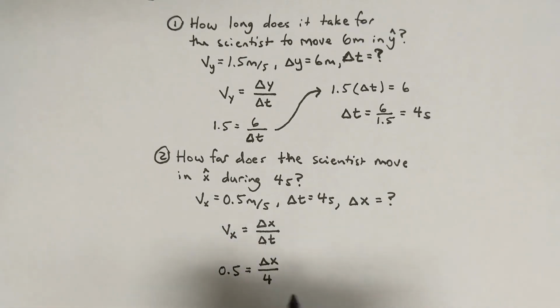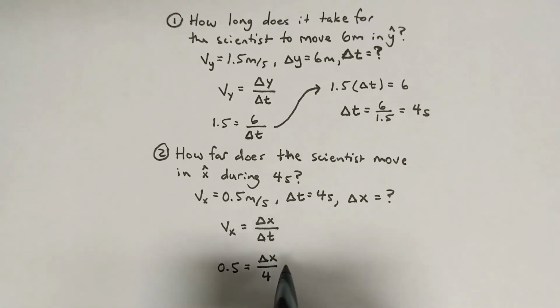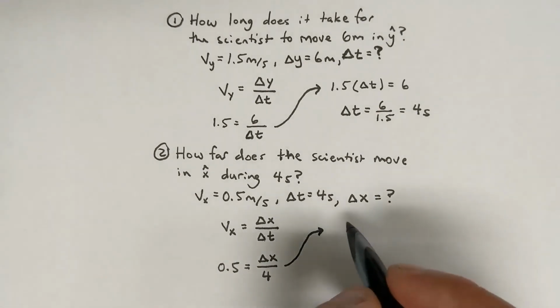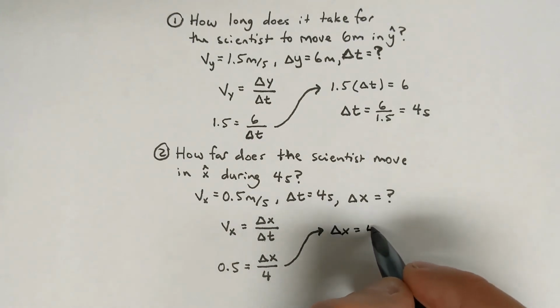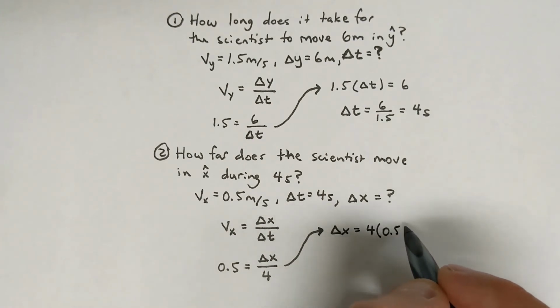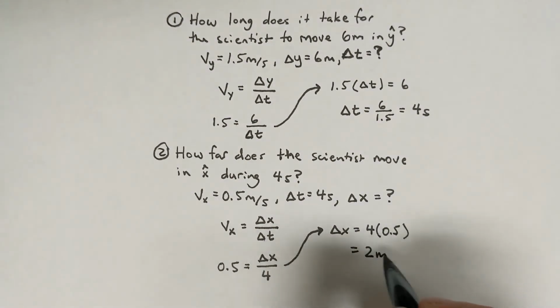That's what I'm looking for, so I'm going to leave it as delta x. To solve for delta x, I should multiply both sides by 4 to undo the division. And so delta x is equal to 4 times 0.5, and 4 times 0.5 is equal to 2 meters.